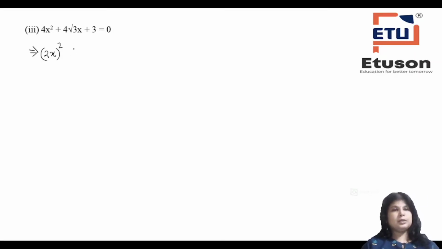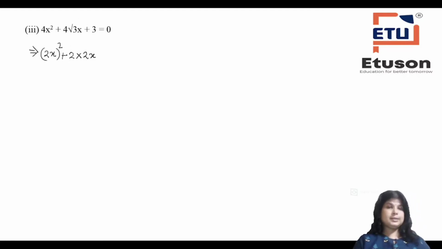Here you have to bring the term 2ab. So now 2 into, what is a? a is 2x. Now you see what is left with your 4√3. This multiplication should be equal to 4√3x.